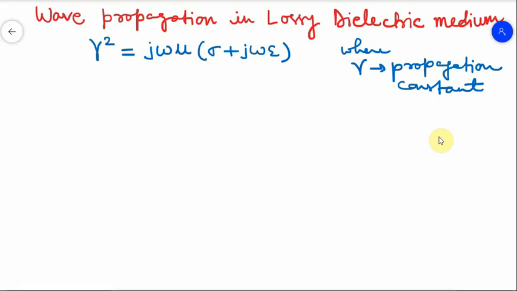Now we had discussed that if this gamma is complex, then it would have real and imaginary parts.